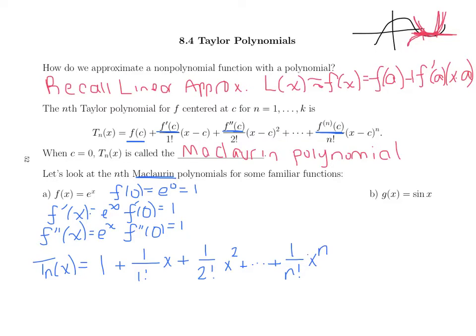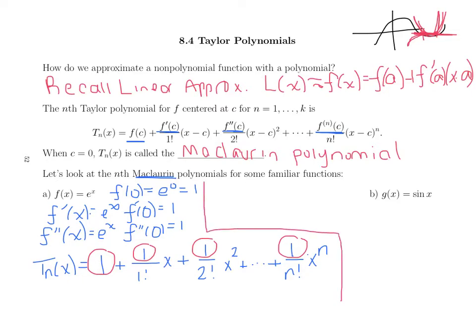So that would be the Taylor or the Maclaurin polynomial for e to the x. Because our derivatives on top, these are the only thing we really have to solve for. Everything else is given. So all of the derivatives on top evaluated at 0 are 1. So we just have those values that we've plugged in all the way across, and that gives us the Maclaurin polynomial for e to the x.